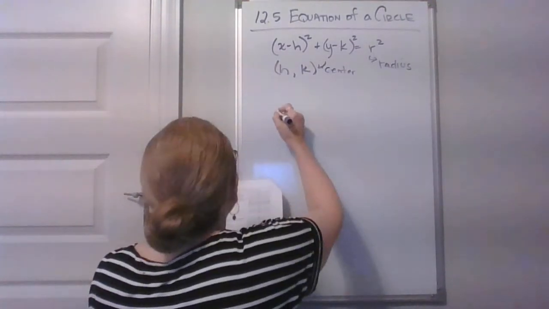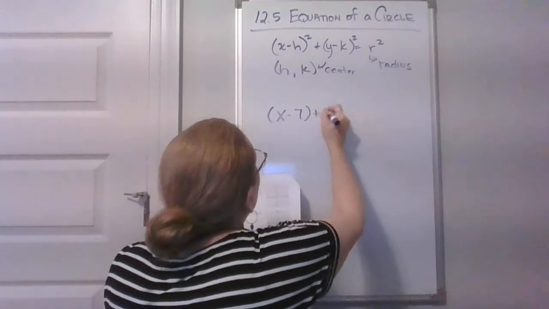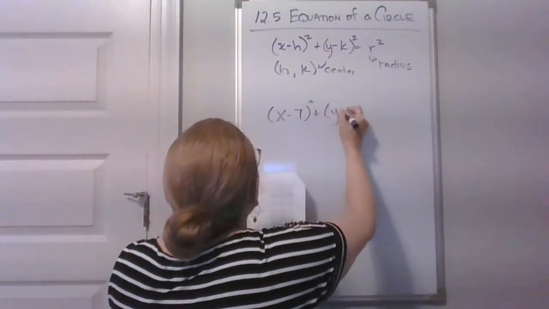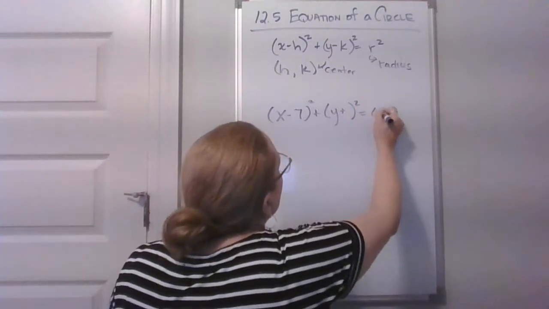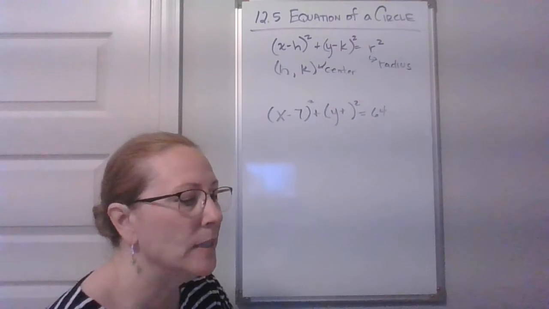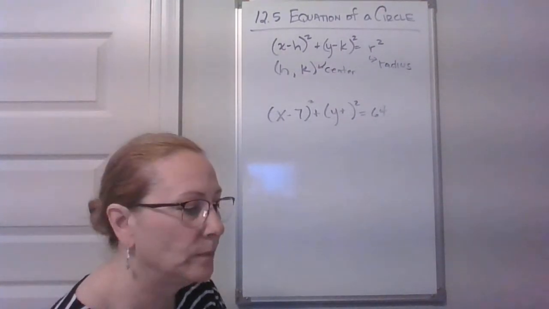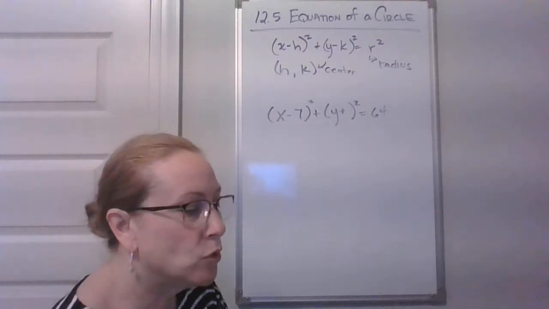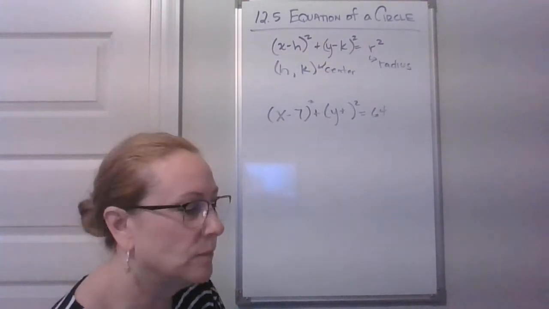So here is an equation. This is actually a problem that is set up as a cell phone tower problem. And it says, when we make a call on a cell phone, a tower receives and transmits the call. A way to monitor the range of a cell tower system is to use equations of circles.